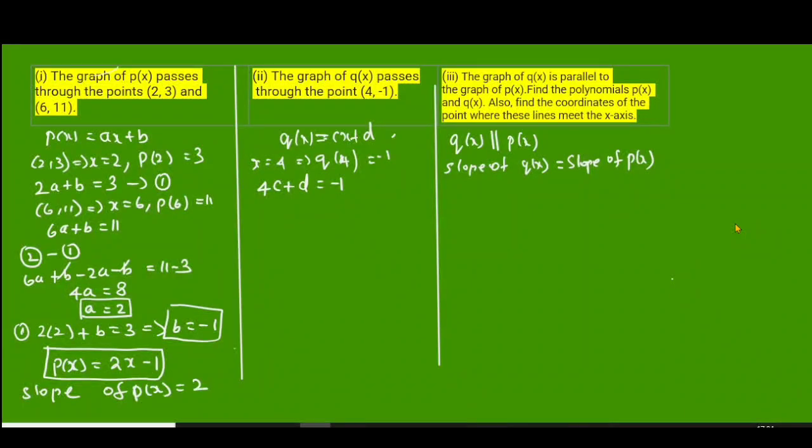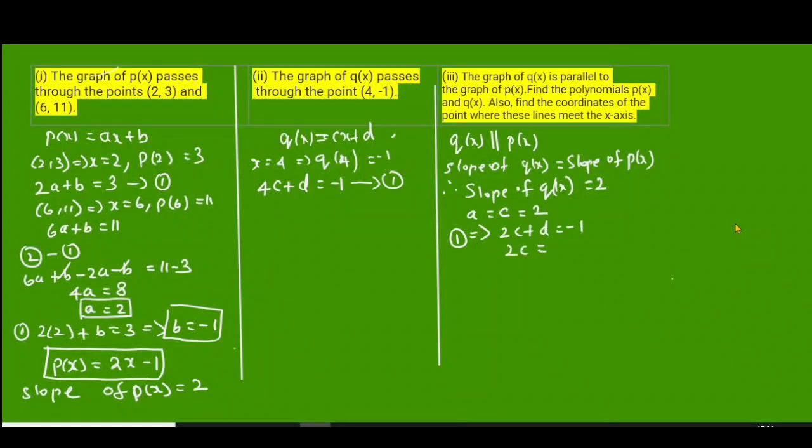You know very well, in a's place, that number is the slope. So the slope of P of x is 2. Therefore the slope of Q of x is also 2, which means a is equal to c is equal to 2. So our first equation becomes 2c plus d is equal to minus 1.